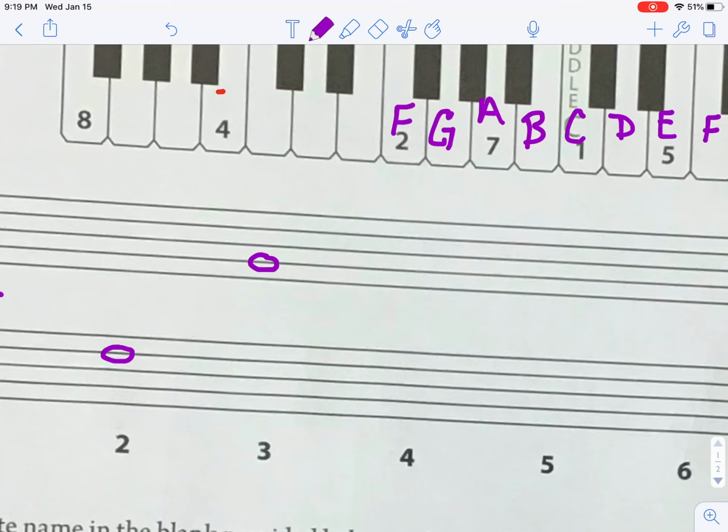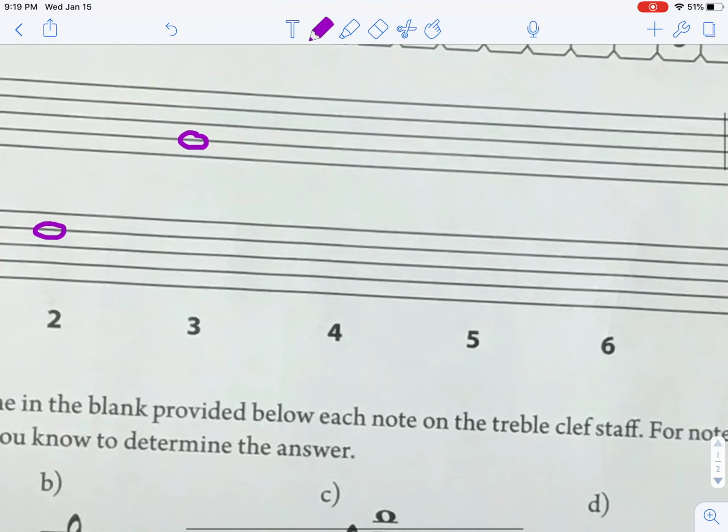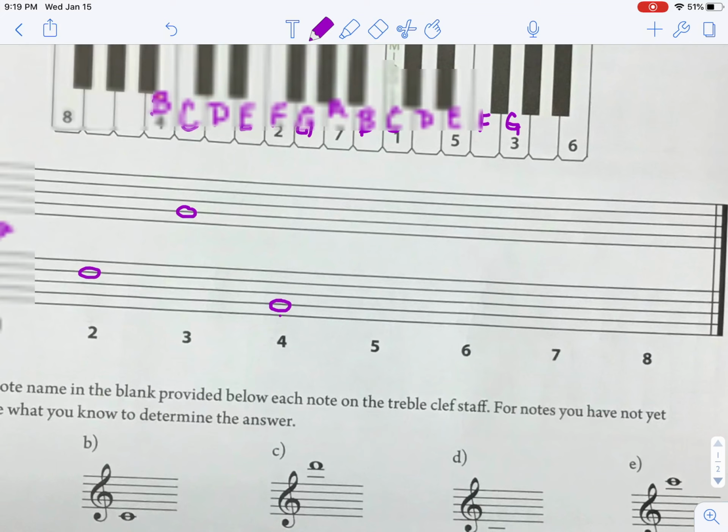So if we figure out what this note is, here's F. What comes before F would be E, and then D, and then C, B. We need a B that's down towards the bottom of the bass clef because we're moving down at least 5 notes. Right above number 4, you're going to think glad bags. Bam, that's where it sits on that second line.